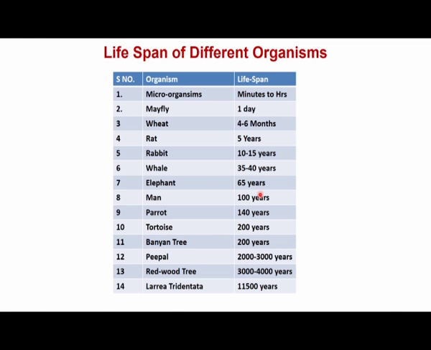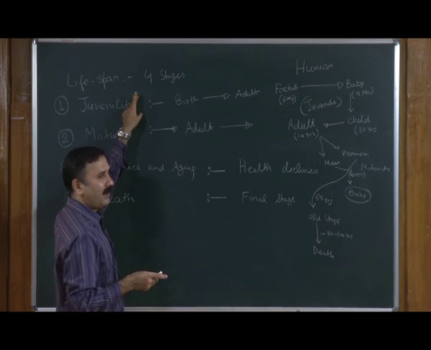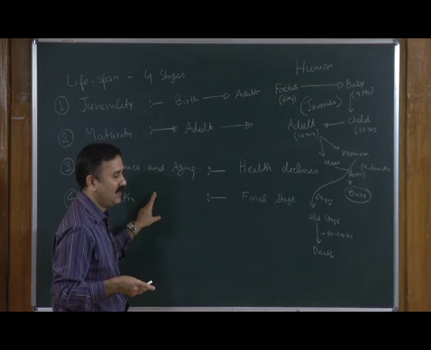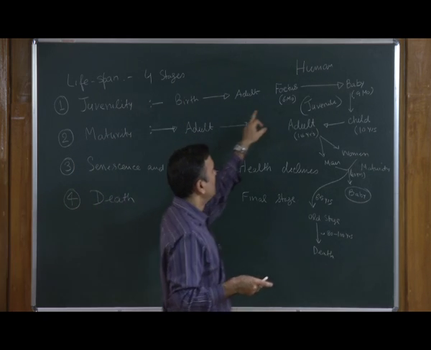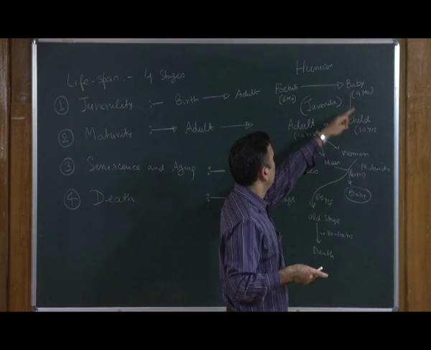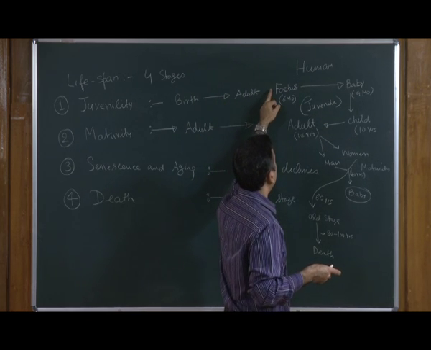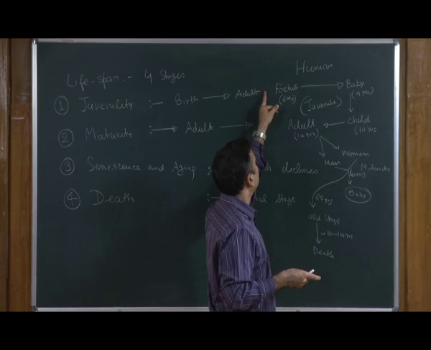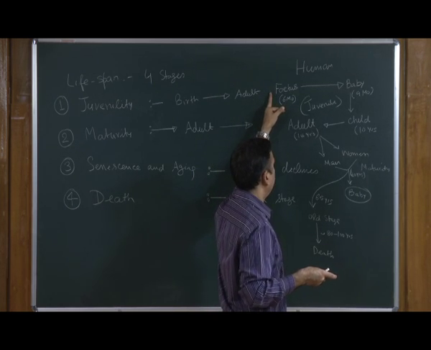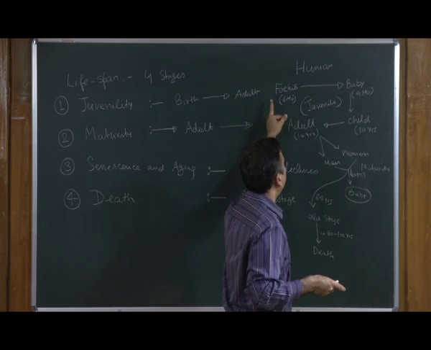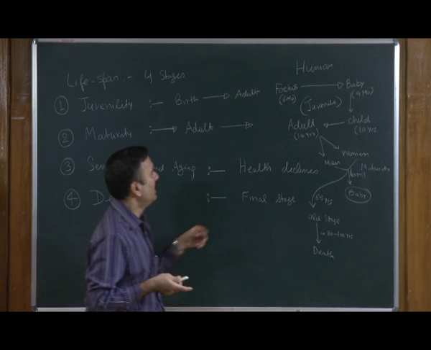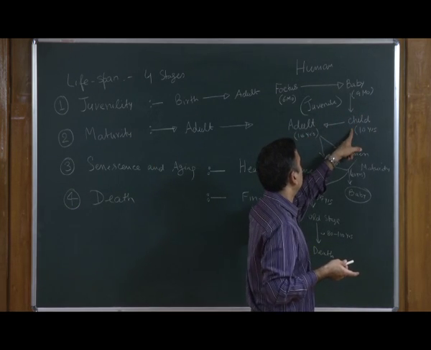So, now what you see is that during a period of 100 years, the human is passing through different life stages. Okay, and in different stages it is doing different types of work. The juvenile stage is where an undifferentiated mass of cells is developed as a fetus, and that eventually, after passing through different developmental stages, forms the baby, then the child and the adult.